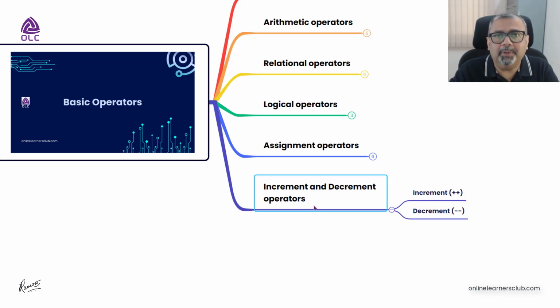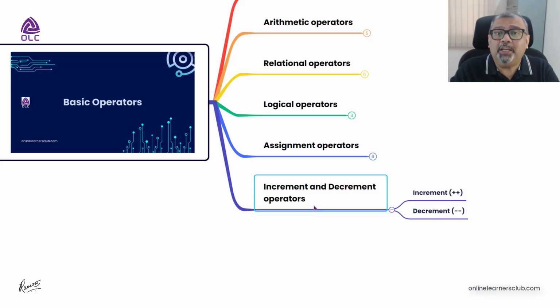For this purpose, we have increment a++ or decrement a--, which is also an option available in Java. These operators can also be used before or after the variable, like a++ or ++a. Both options are available in Java.